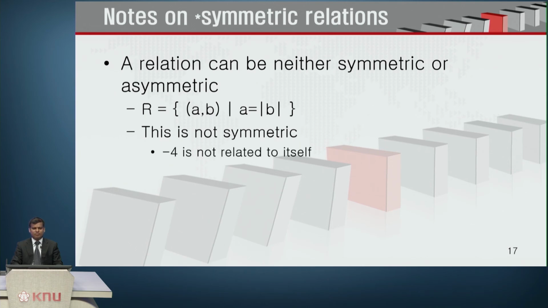For example, -4 is not related to itself, so this is not asymmetric. Again, 4 is related to itself. So based on these definitions and conditions, you can see that at times the relation can be neither symmetric nor asymmetric.